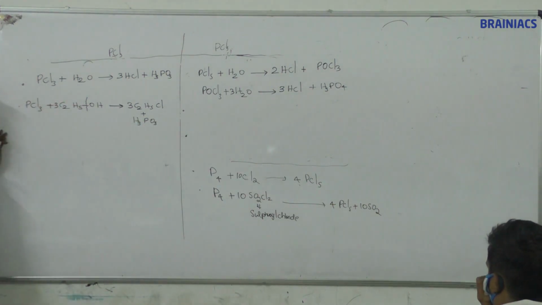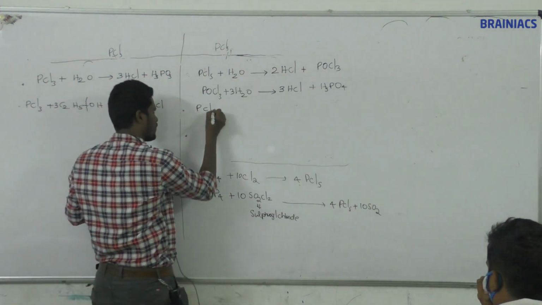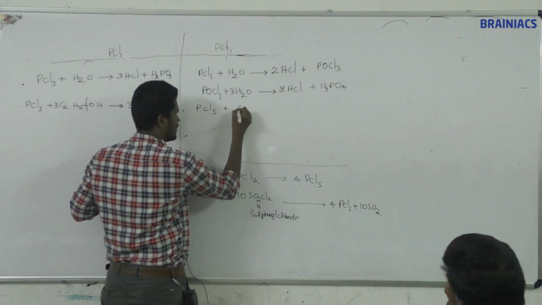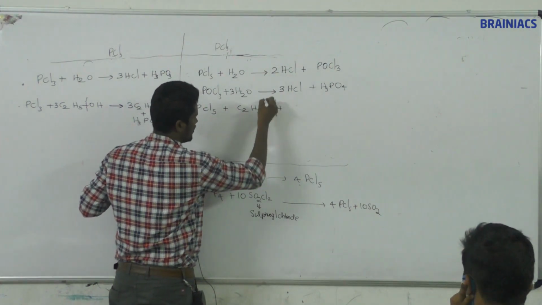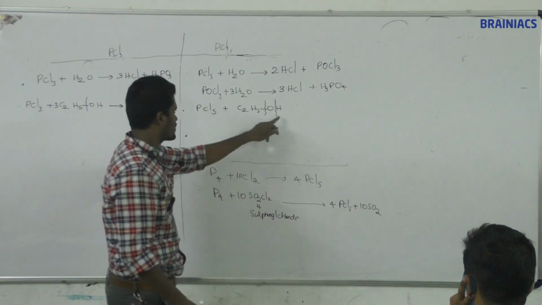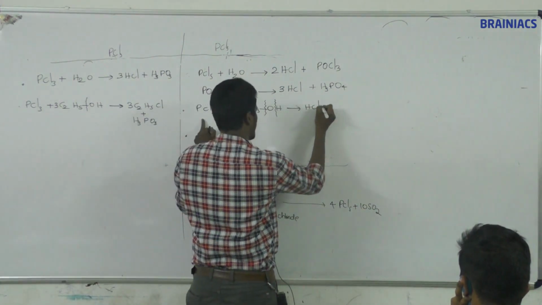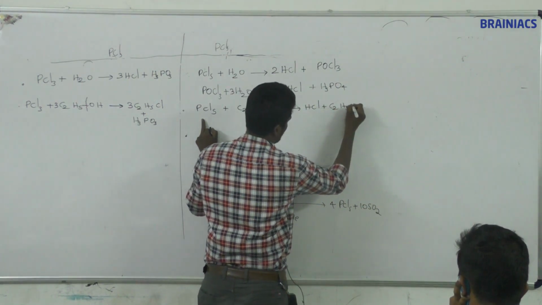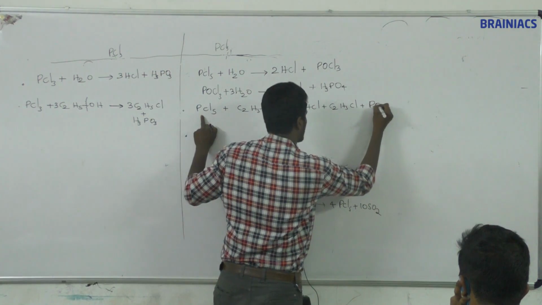Okay, 3 Cl. And here C2H5OH. How is the breaking? Okay, H with 1 Cl gives what? HCl. C2H5 with 1 Cl gives what? C2H5Cl.